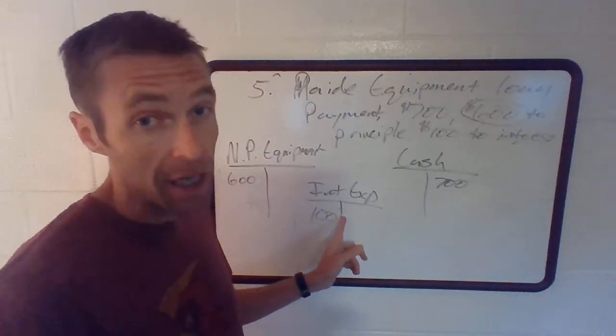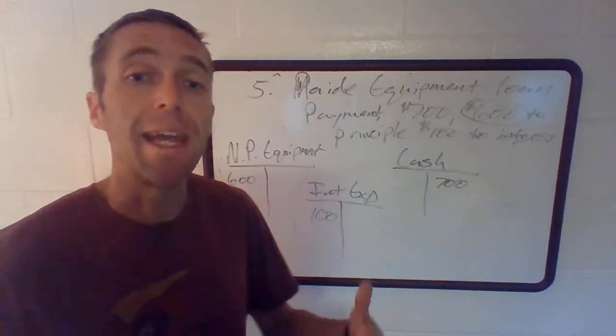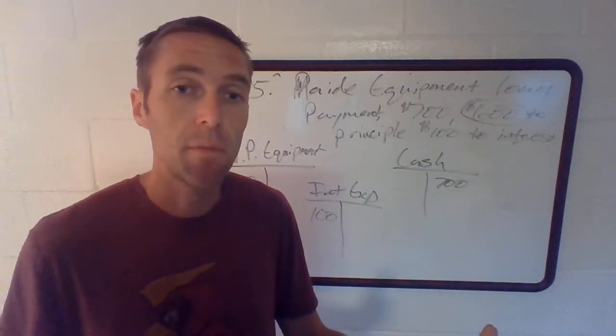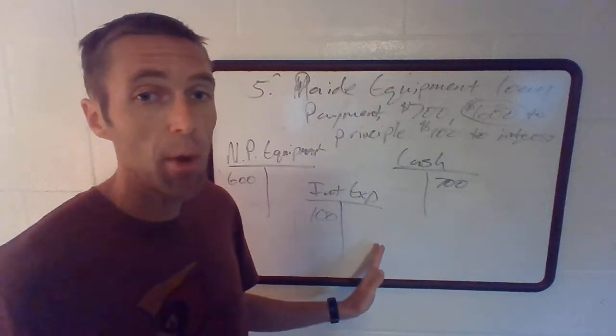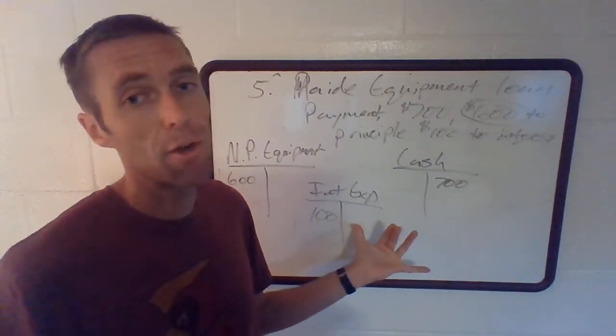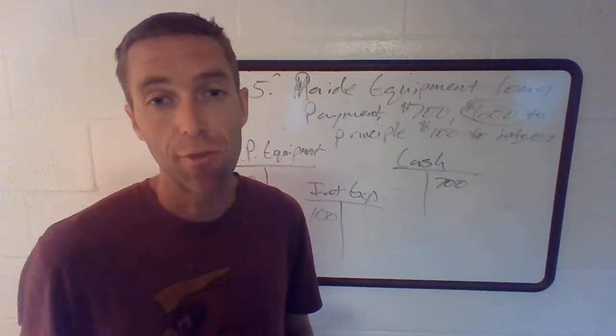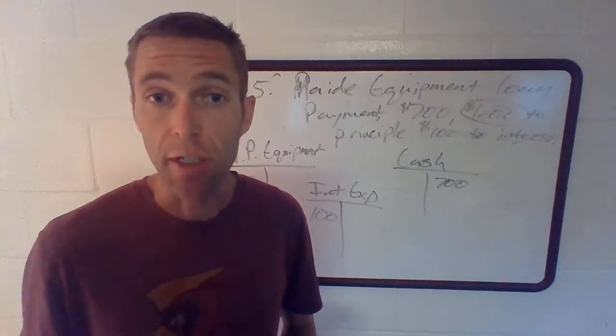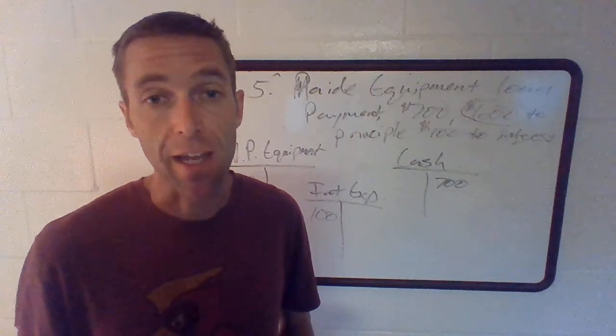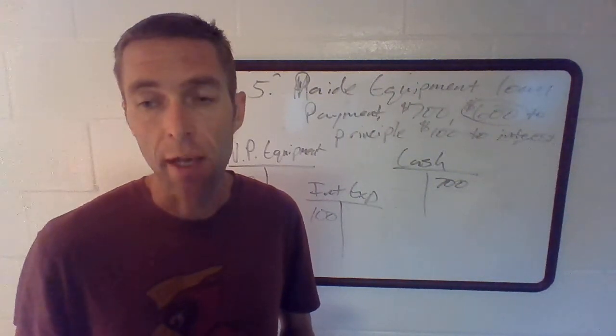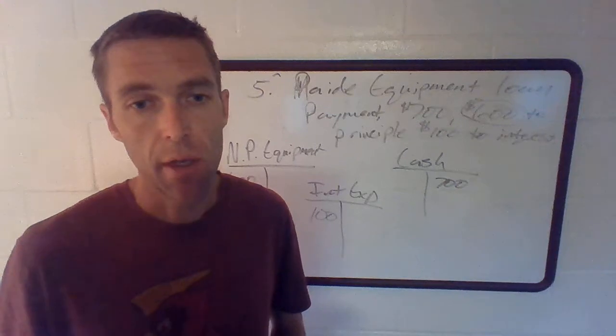However, the interest expense, that extra that you pay, counts against profit. So this harms our profit by $100, but it doesn't harm our profit by $600 or $700, but there certainly is a cash flow implication to making a principal payment. And that's something that we will continue to unpack as this course goes on.